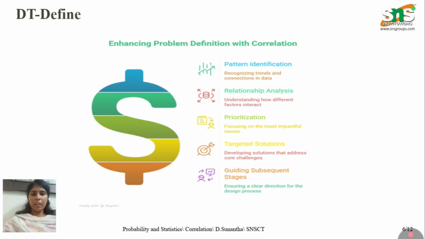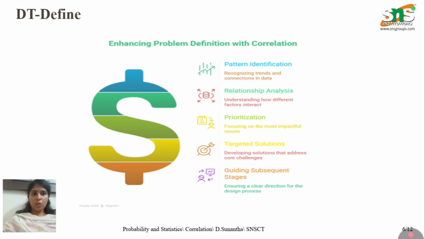So in pattern identification, first we'll recognize the trend and connection in data, that is the relationship between x y are identified. Next, relationship analysis. So understanding how different factors interact, what are all the factors affecting, are all discussed in the relationship analysis. Next is prioritization.